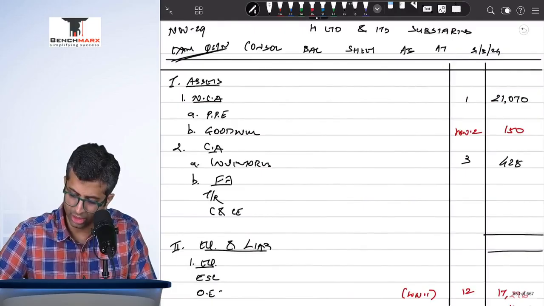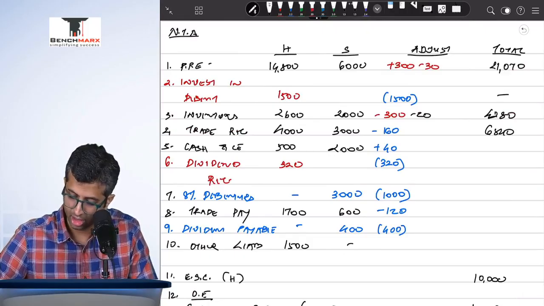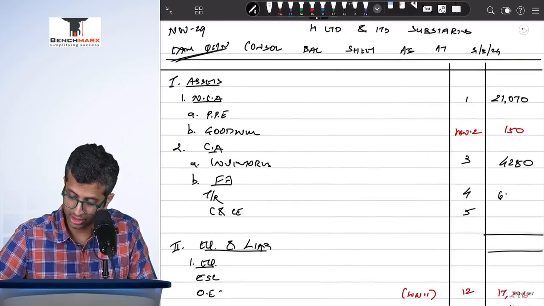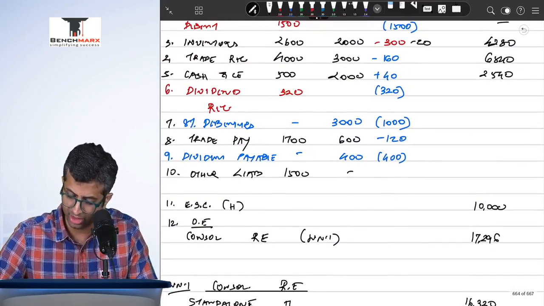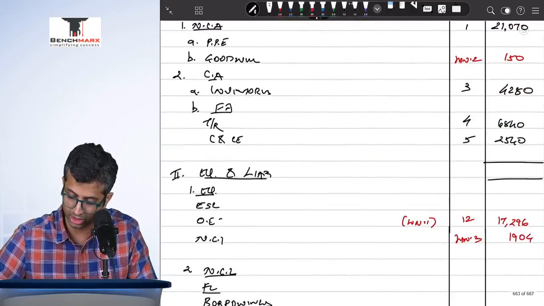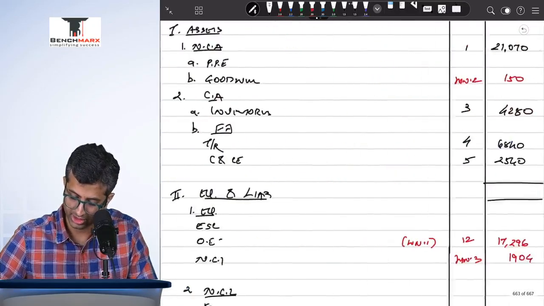Okay. Then you look at trade receivables and cash. For trade receivables, you'll have 7000 minus 160, which comes to 6840. For cash, this will be 2540 including cash in transit. Then you will look at your dividend receivable. It is getting eliminated. In your debentures, you are still left with 2000. So this is debentures from note number 7.